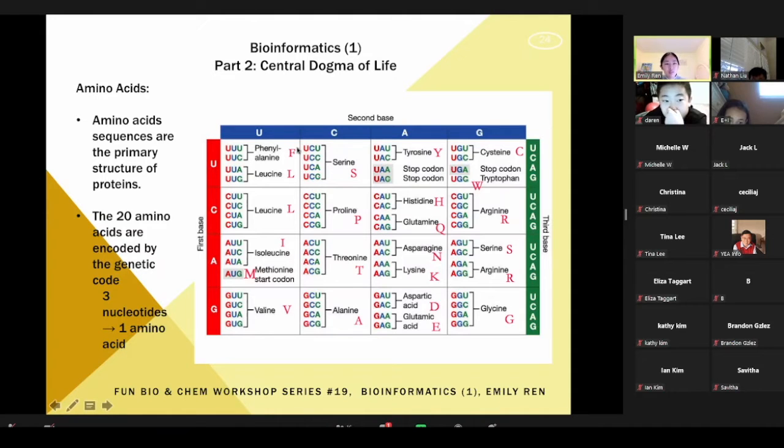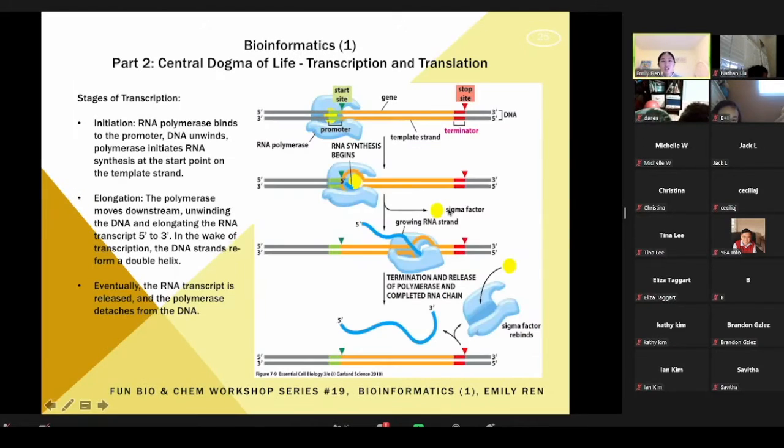Okay, so amino acid sequences are the primary structure of proteins, and there are 20 amino acids that are encoded by the genetic code, and 3 nucleotides can form 1 amino acid. Stages of transcription: there is initiation, elongation, and the RNA polymerase detaching from the DNA.